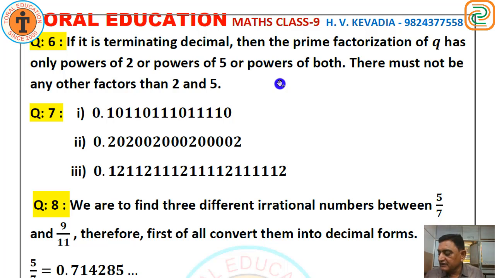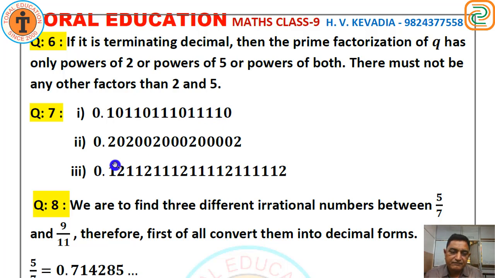Question number 7. Write 3 numbers whose decimal expansions are non-terminating, non-recurring. Friends, I have said that is an irrational number, and we have given here 3 examples: 0.10110111011110 dot dot dot.